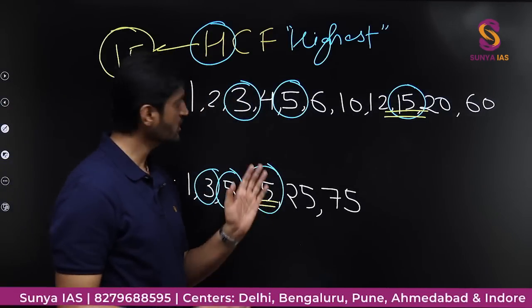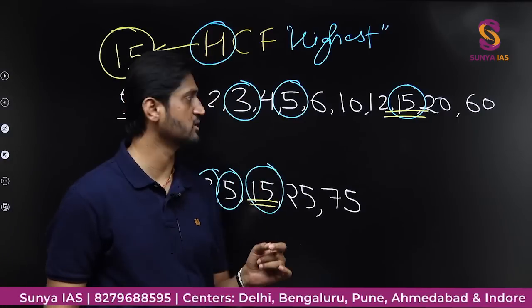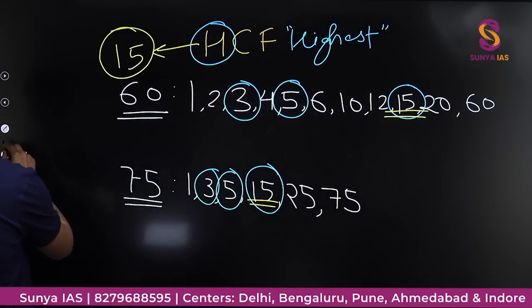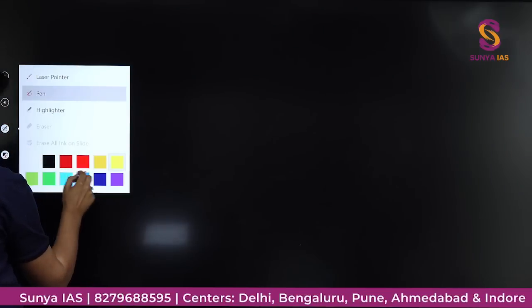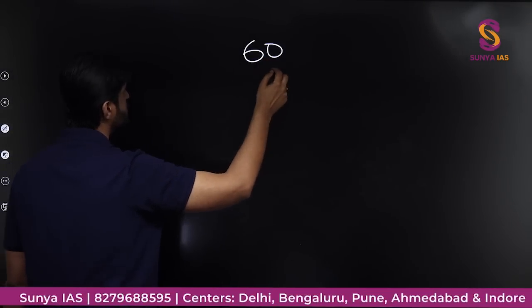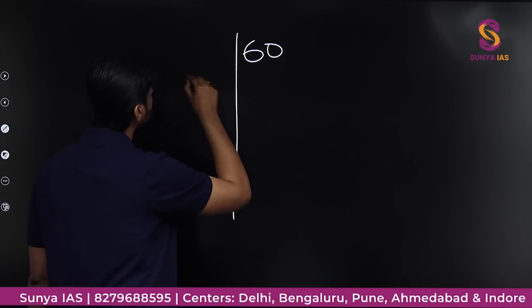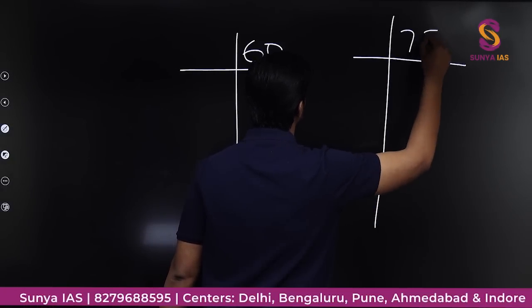Now I have explained you the concept of HCF. Now I'll explain you how to calculate the HCF. Okay, so using both these numbers, 60 and 75, we'll just factorize these numbers, but now we'll factorize them separately. So here we have 60, here we have 75.